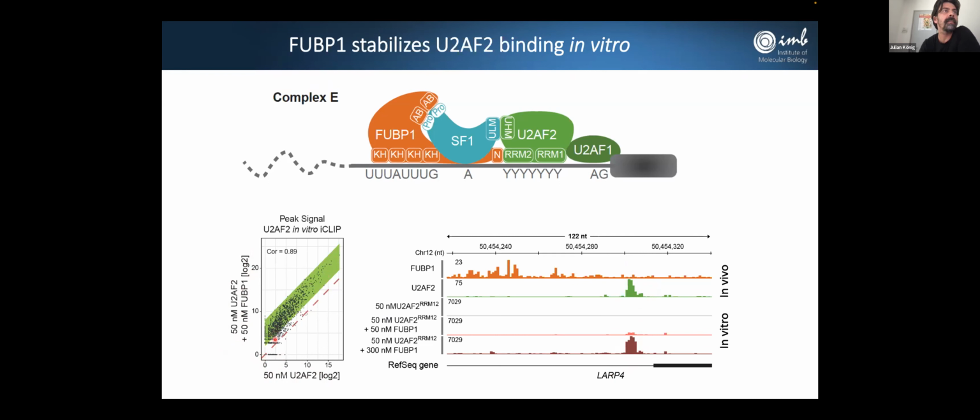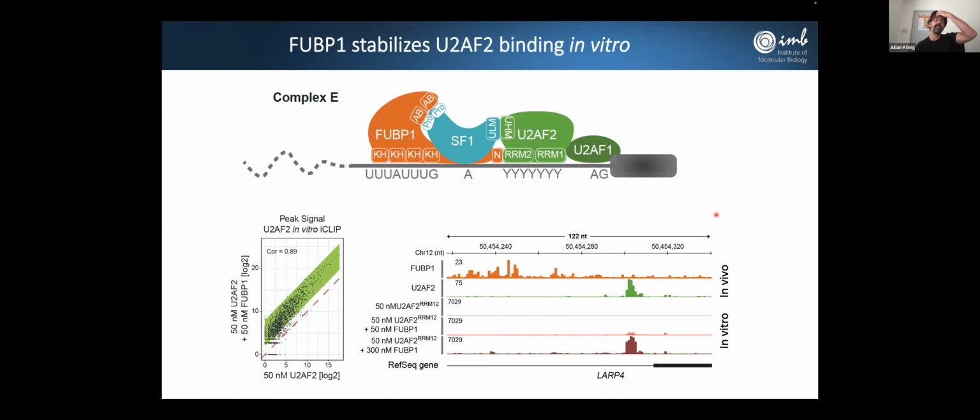You can see that the majority of these oligos are above the diagonal, suggesting that they are better bound by U2AF2 in the presence of FUBP1. So we conclude from this that FUBP1 helps to hold together this complex.